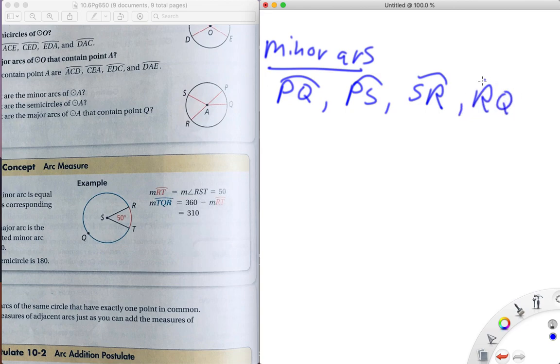These are all minor arcs, and they're minor arcs because all of those parts of the circle are less than 180 degrees.